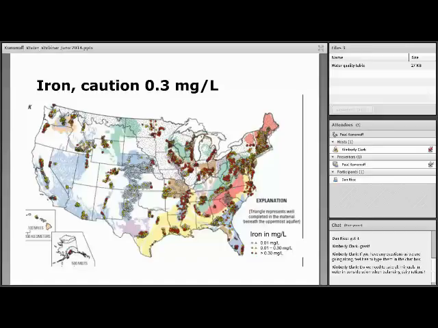We don't have a lot of places where we see high iron, but this is an area in Missouri and south where, I can't imagine what it's like drinking water in this area of the country with a lot of high iron. But there are a number of areas in the country that are challenged with high iron in their water.